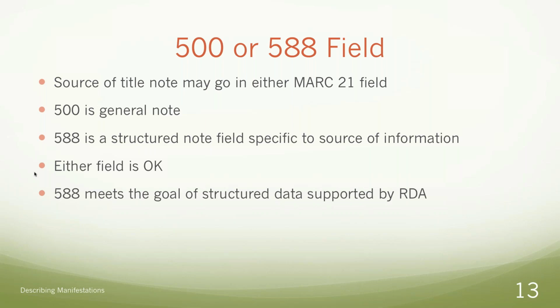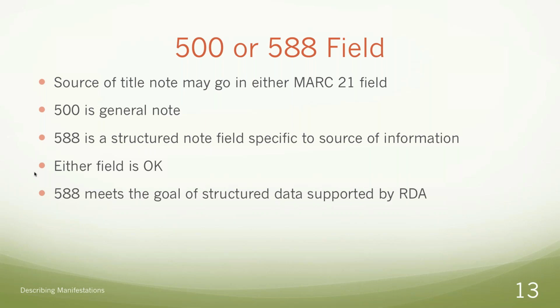It was proposed by the serials catalogers as a structured note field that is specific to defining source of information for a title or a description. Either of these fields is okay to use. You can continue to use a 500 field, or you can use a 588 field.